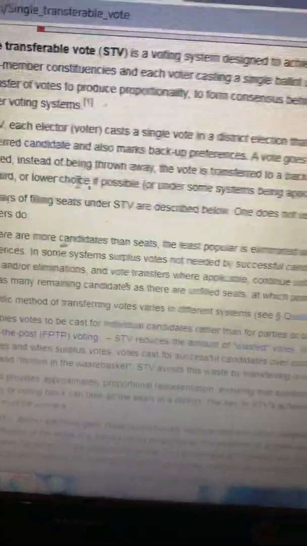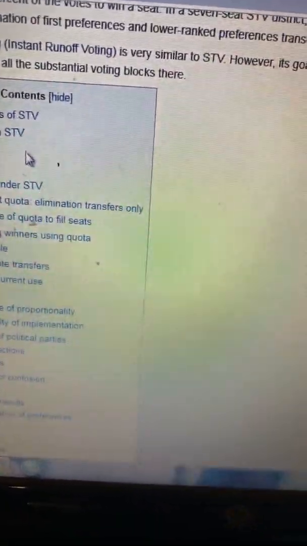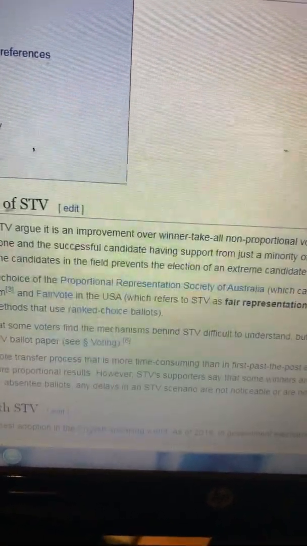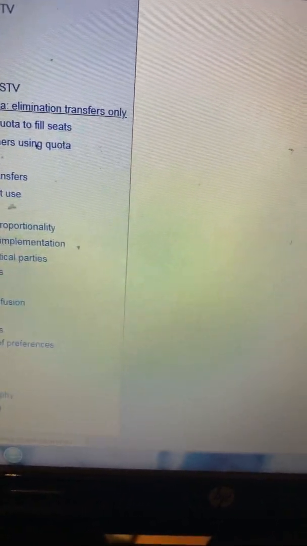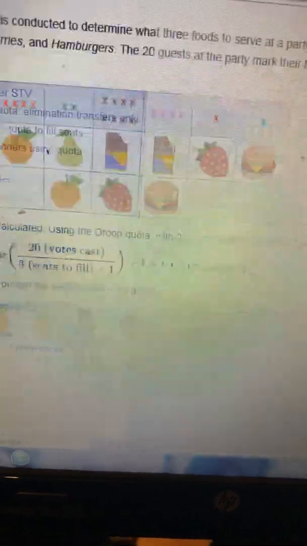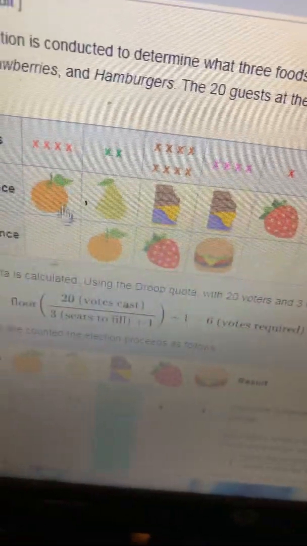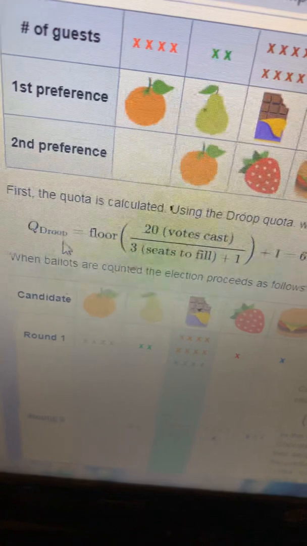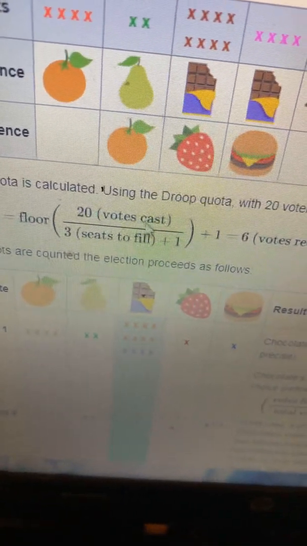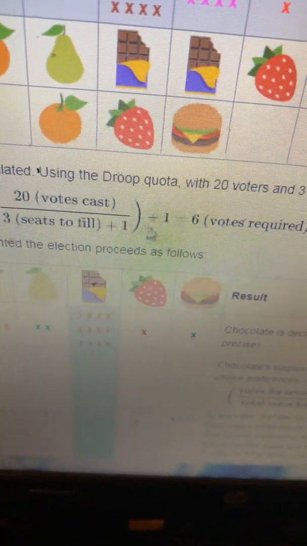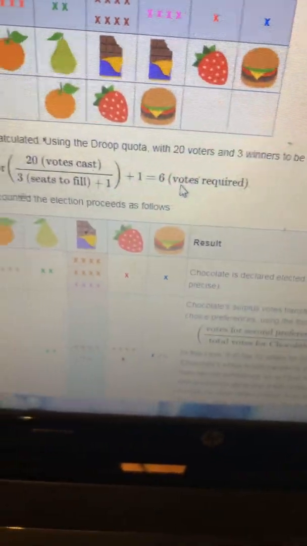By single transferable, the example, the first preference, second preference, and the quota equals the votes cast divided by seats to fill plus 1, and plus 1 equals this.